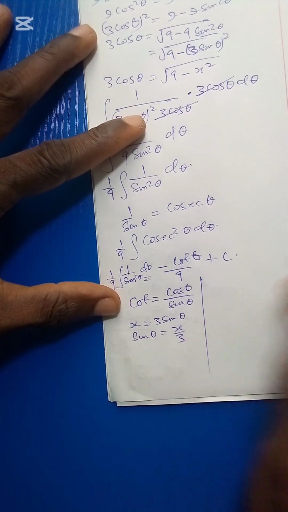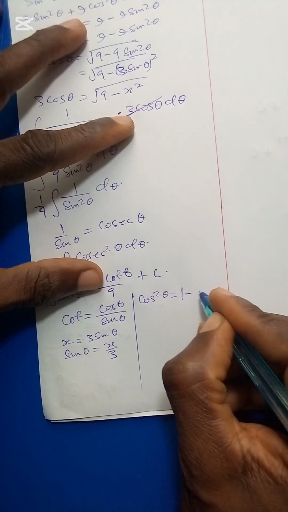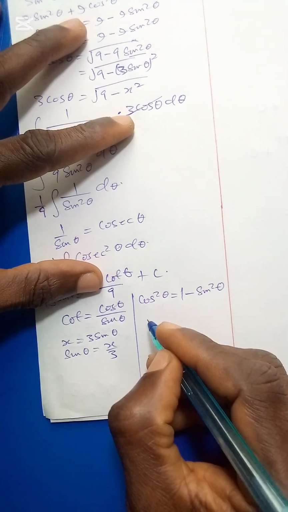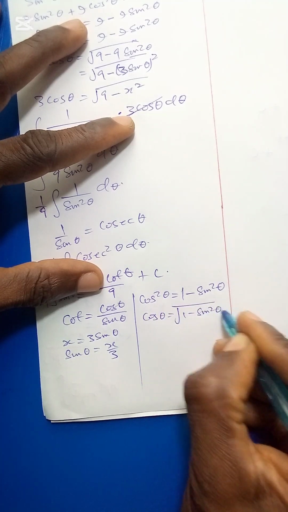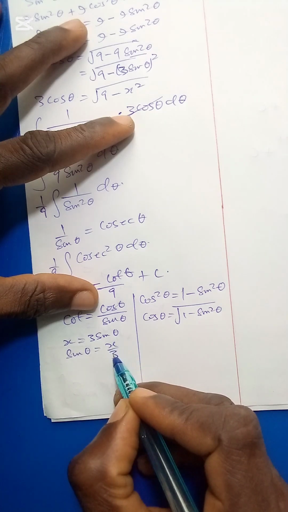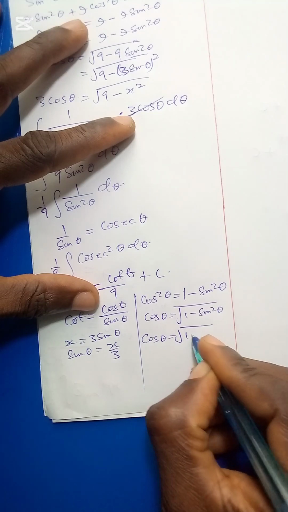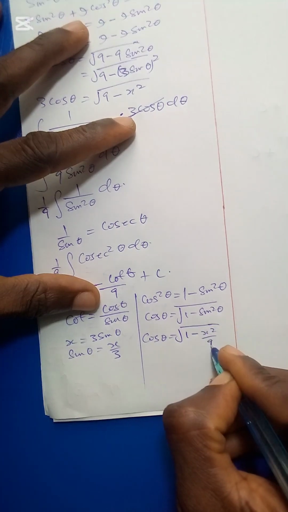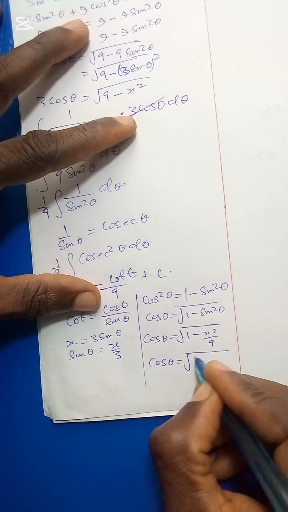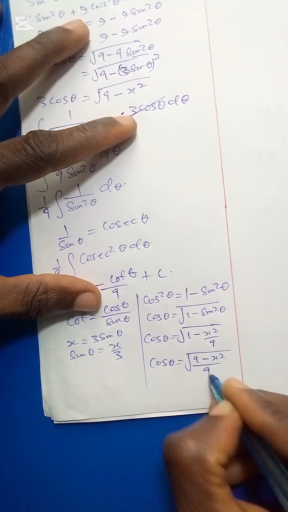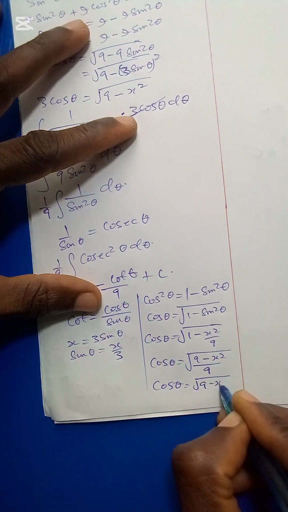Now, let's also remember that cos square theta is equal to 1 minus sine square theta. And so, cos theta is equal to square root of 1 minus sine square theta. X over 3 is sine theta. Therefore, cos theta is equal to square root of 1 minus x squared over 9. Therefore, cos theta equals the square root of 9 minus x squared over 9, or cos theta is equal to the square root of 9 minus x squared over 3.